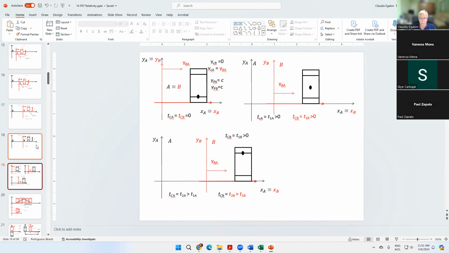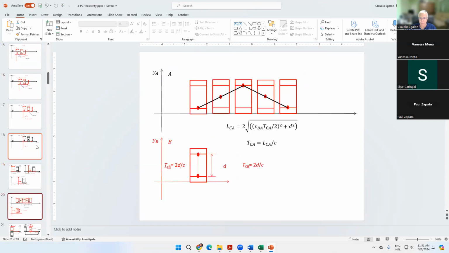Here I picture the clock as being black. But look what the observer in referential A sees: the path of the light beam, of the photon, of the light particle.